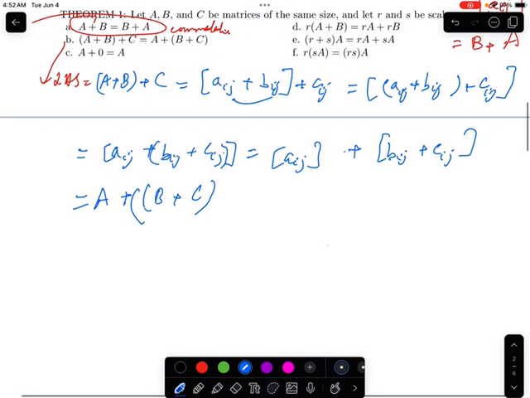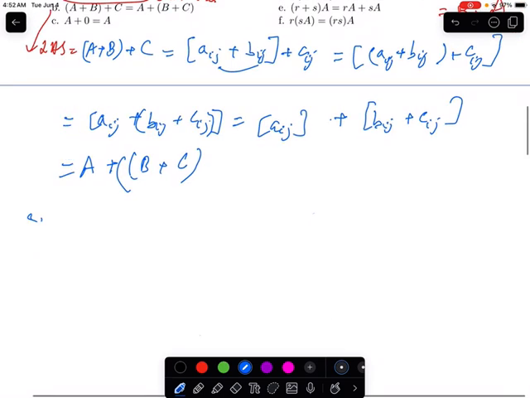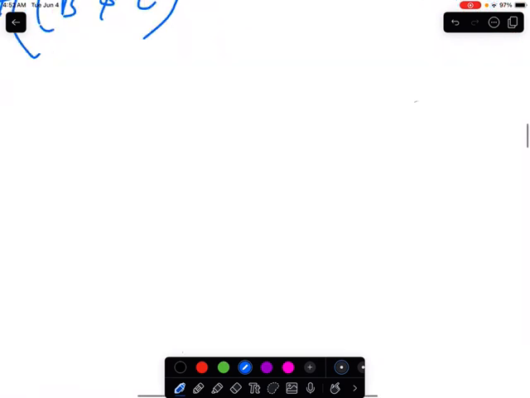Okay, next thing is, so part C is that A plus 0 matrix is equal to A. So how can we prove that? That also should be simple, and we can do C part.